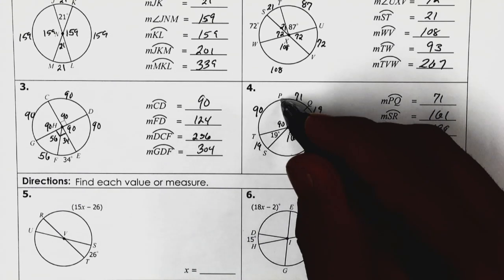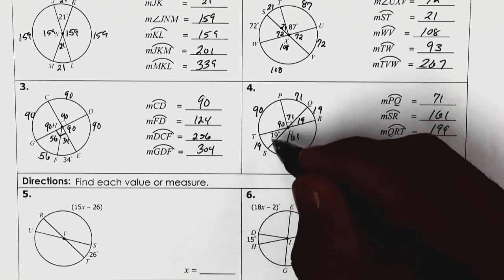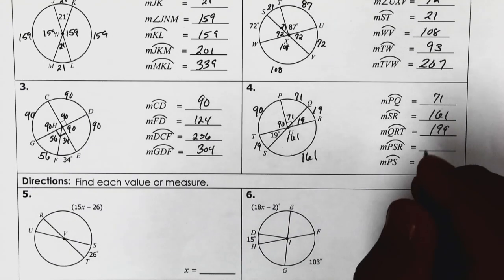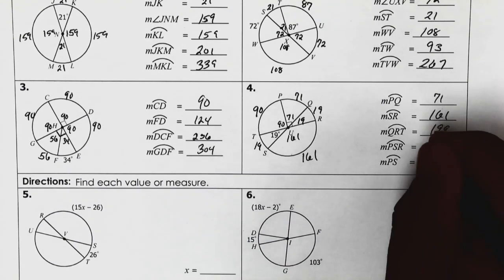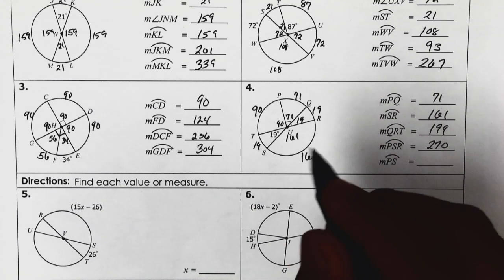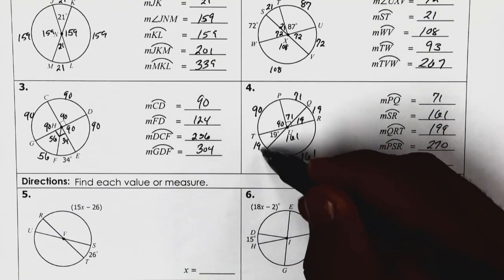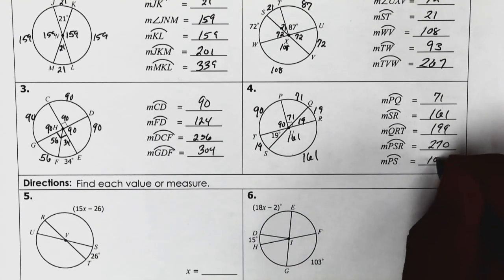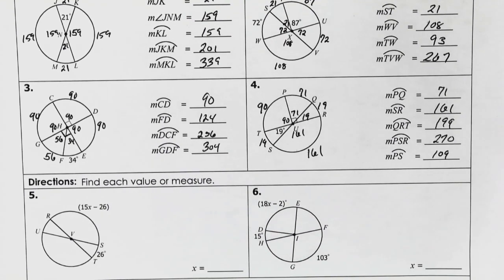PSR, so all P all the way to R, so 90 plus 19 plus 161, that's 270. And then PS is 90 plus 19, which is 109. Okay, so very simple.